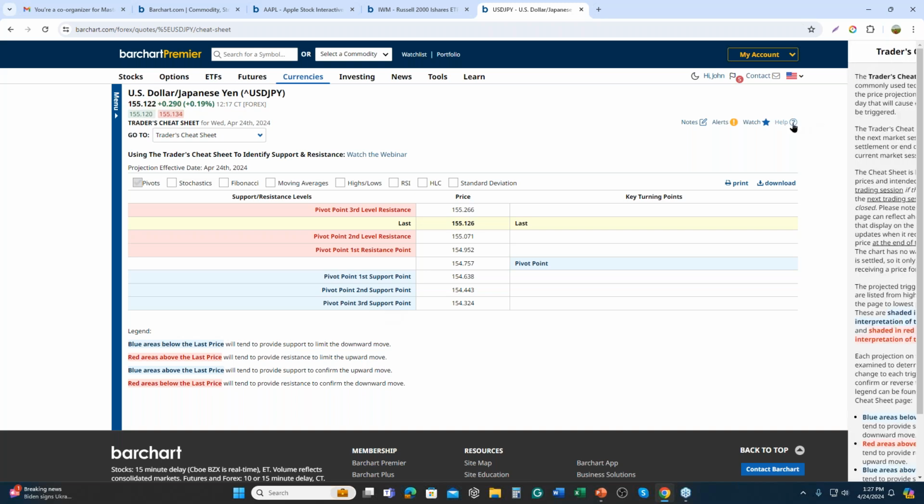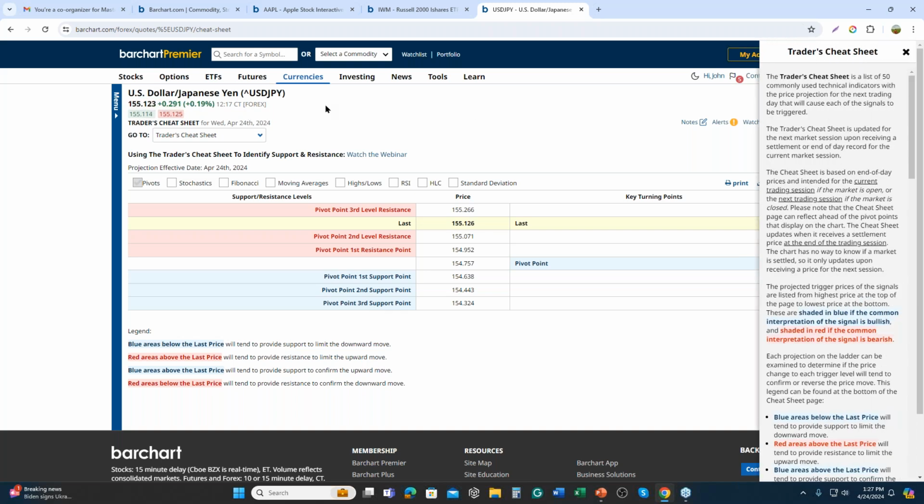Now, if you're interested in the trader's cheat sheet and how to really effectively view this, I have done a couple of webinars, but here's a link to one of our webinars on how to use the trader's cheat sheet. Some of the things you need to understand is that these pivots are created based on yesterday's settlement prices.